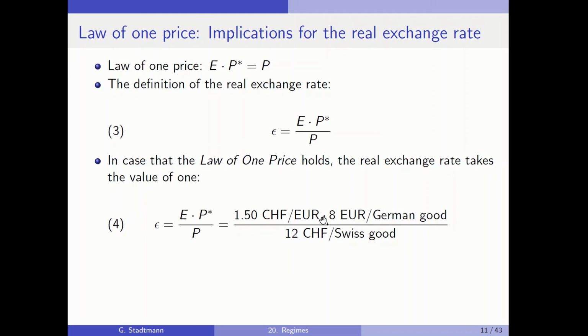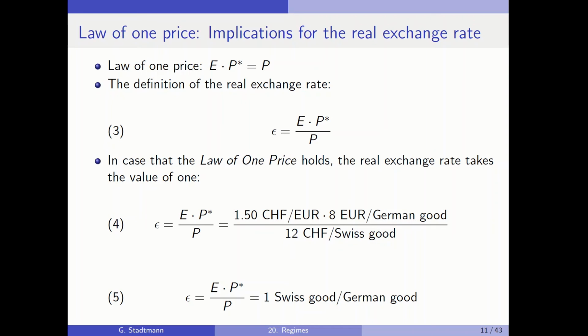When you multiply through, the euro sign will cancel out. Also, the Swiss franc sign will cancel out. And we end up with the information that the real exchange rate is indeed equal to 1. And the dimension is 1 Swiss good for 1 German good.